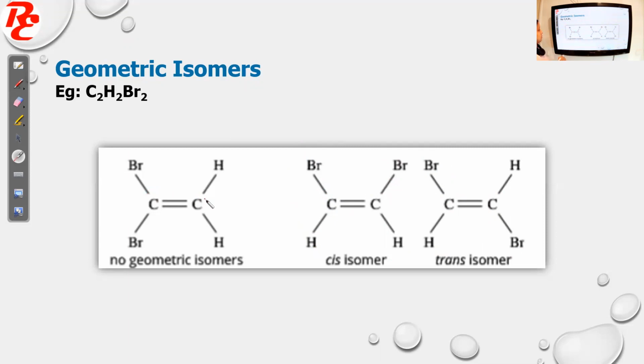However, in this one, if you take this carbon, it has the same group attached. So at that time, they can't make cis-trans isomers. The requirement is you should have a double bond, and each carbon making the double bond must have 2 different groups attached. Therefore, these 2 structures can make cis-trans isomers. If they can, one structure will be cis and the other one will be trans.